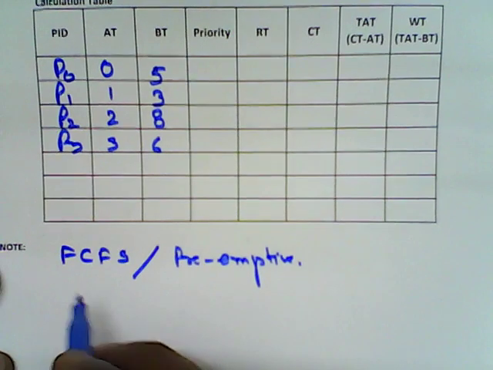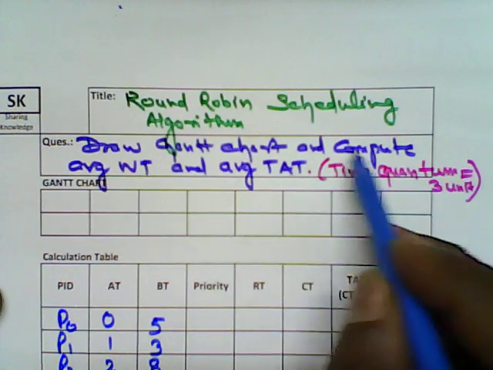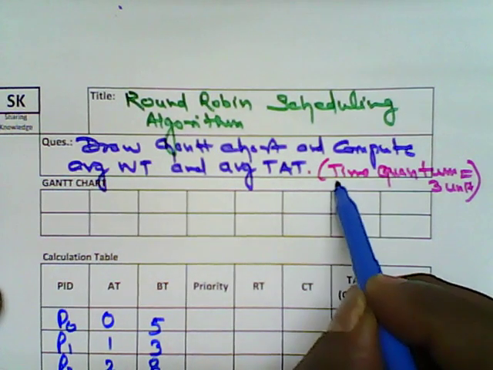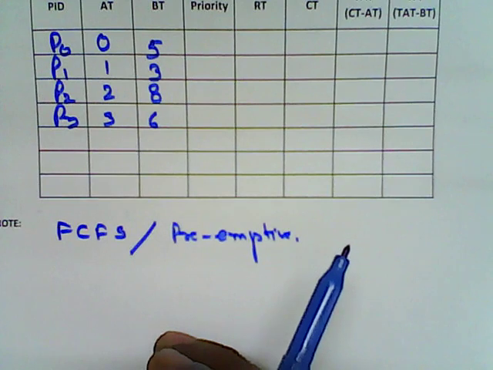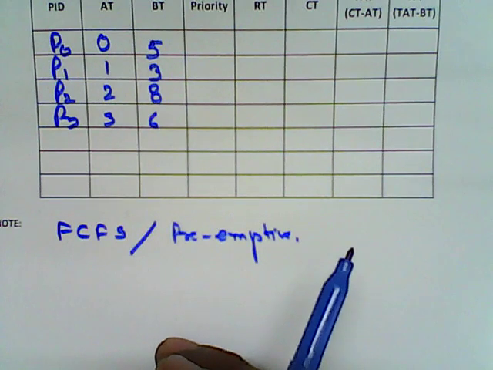One important component is that in the question you will see: draw a Gantt chart and compute average waiting time and average turnaround time, and here it is written time quantum 3 units. Time quantum means that once the processor starts, the process cannot compute beyond the given time.